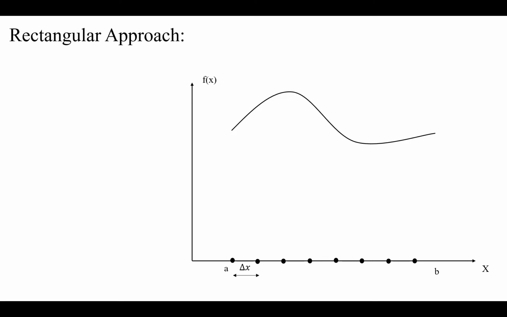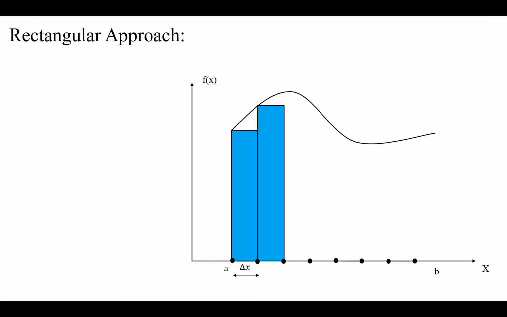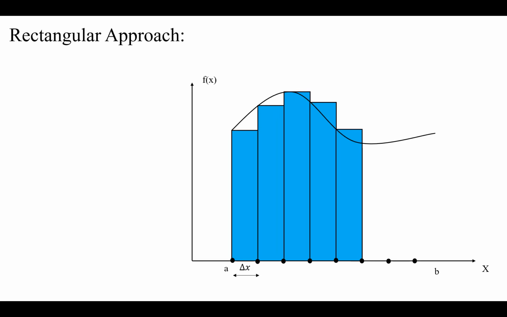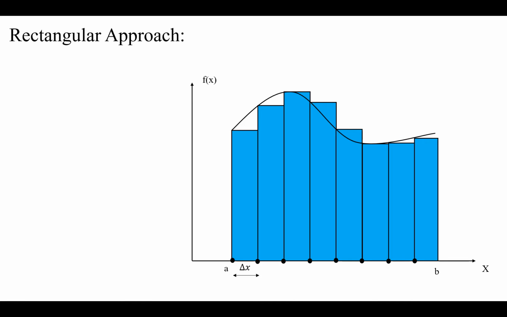In rectangular approach, we are just going to approximate the area under the curve by assigning different rectangles. And finding the area of the rectangle is very easy. It's just the base times the height, and the height would be f(xi). So the integral f(x) dx using the rectangular approach would be f(xi), the height of a rectangle, times delta x, the base of a rectangle.